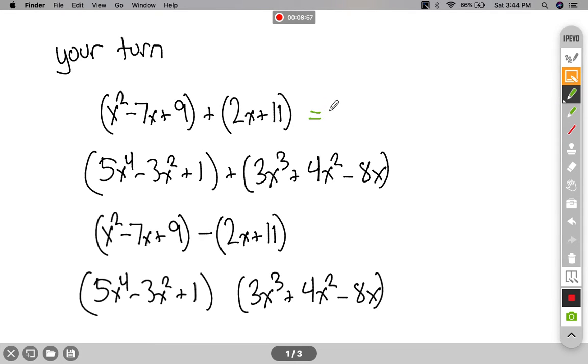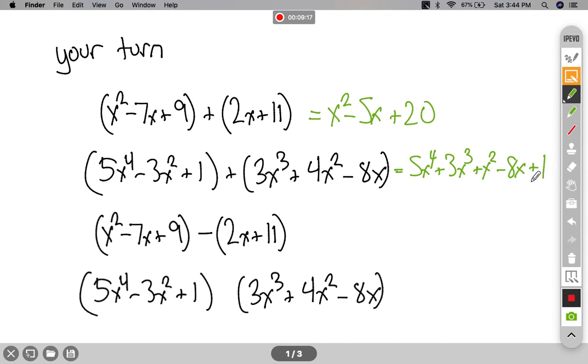First one equals x squared minus 5x plus 20. Second one equals 5x to the fourth plus 3x to the third plus x squared minus 8x plus 1.